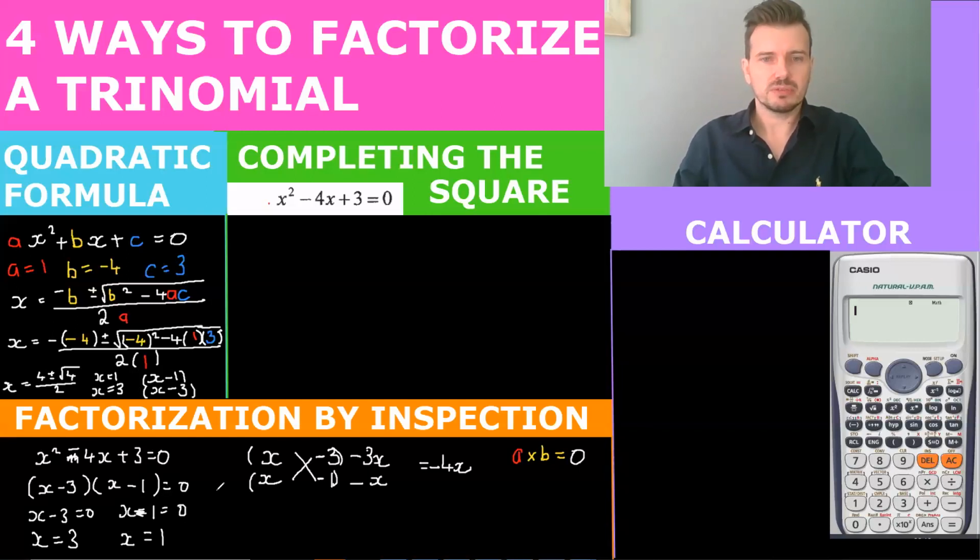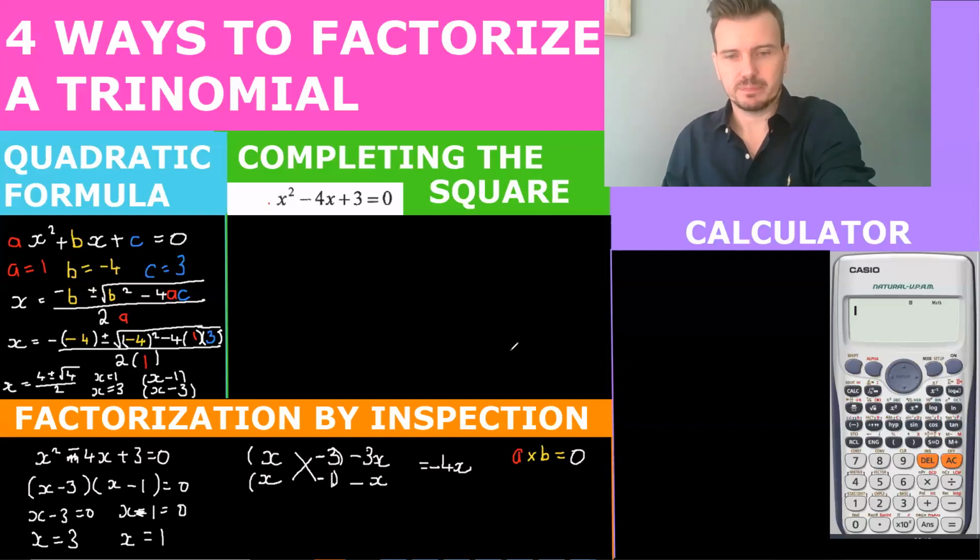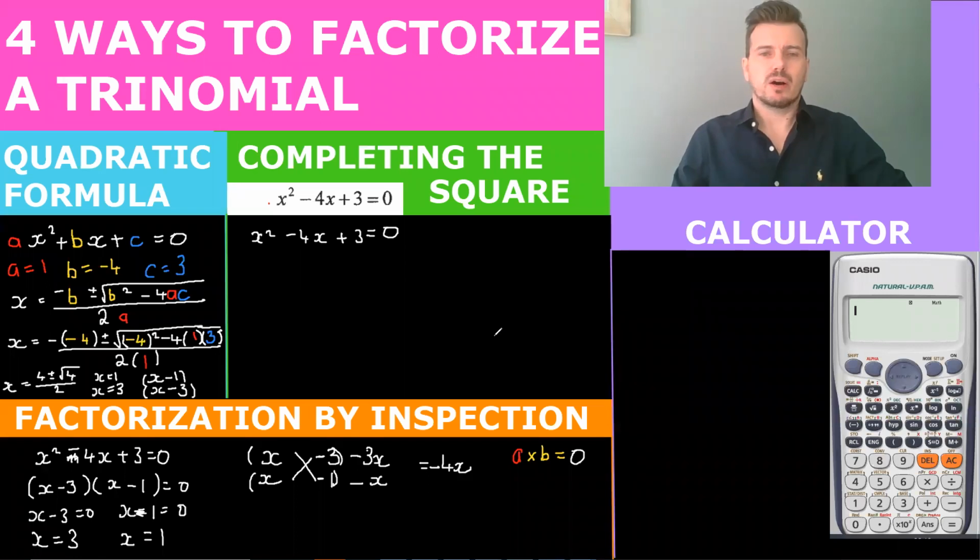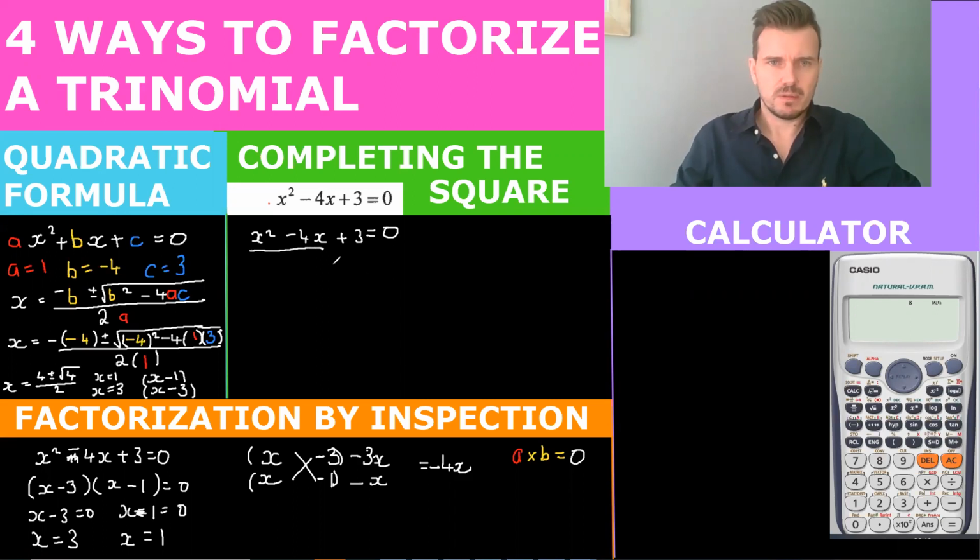Okay, now let's do the third way, which is completing the square. When we are completing the square, what we're interested in, the theory behind it, is this bit here, x squared minus 4x. Now let's imagine that this was a perfect square.